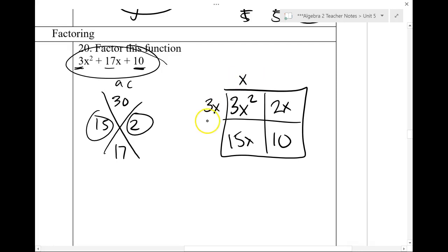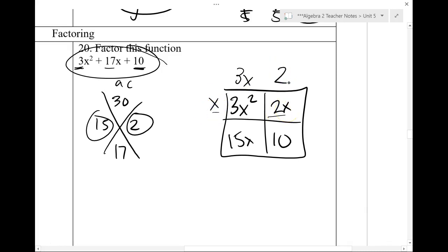And then you say to yourself, what do I multiply times 3x to get 2x? Well, that'd have to be a fraction. So that doesn't sound like it would work very well. So let's try to see if we can do it without getting fractions. So instead of putting the 3x on the side, let's put it on the top and the x over here. Now what can I multiply times x to get 2x? Well, just 2.